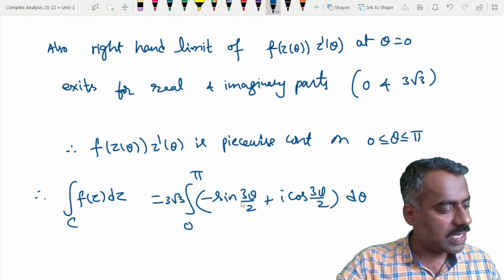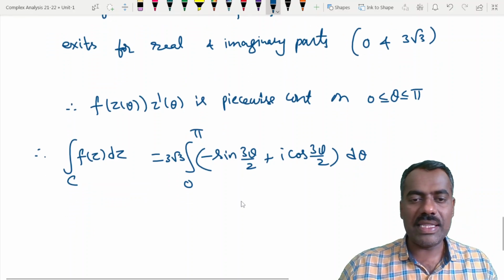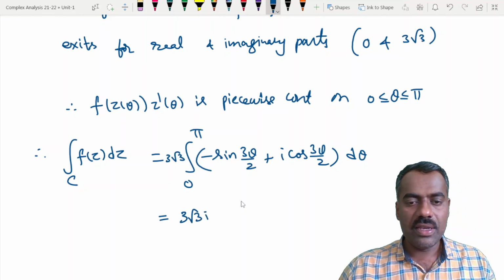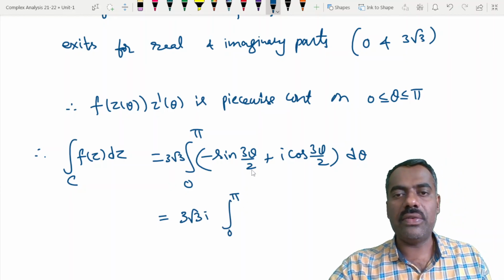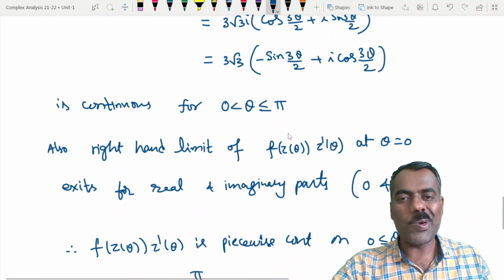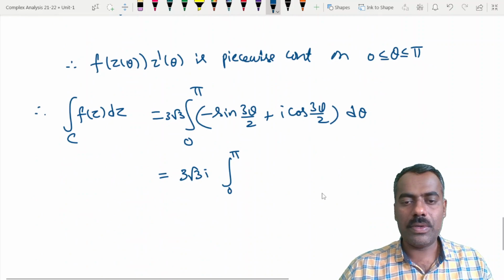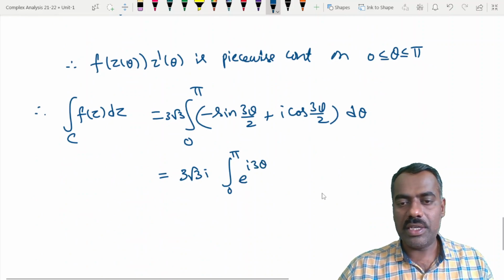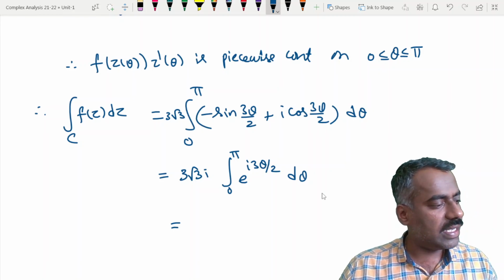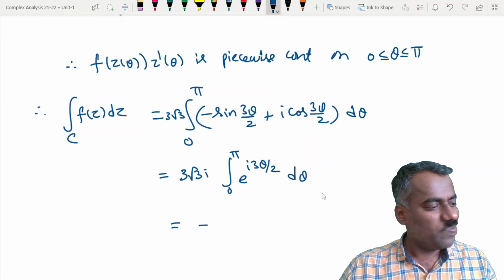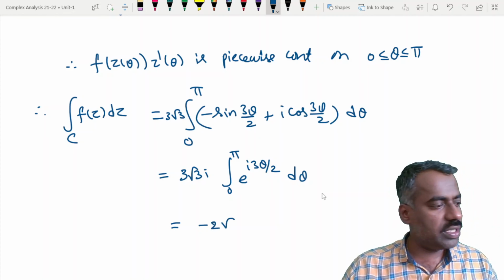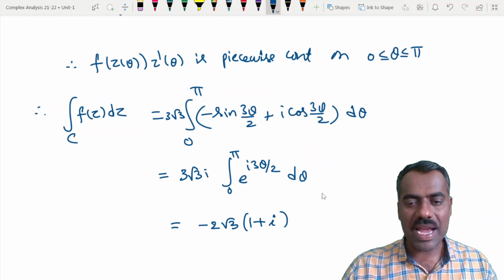Finally, either you write like this or you simply, this is same as 3 root 3 i, just to understand we have expanded this, you can put it in this way: 3 root 3 into i e power i theta by 2, e power i 3 theta by 2 d theta, and simplify this, what you will have here is minus 2 root 3 into 1 plus i.